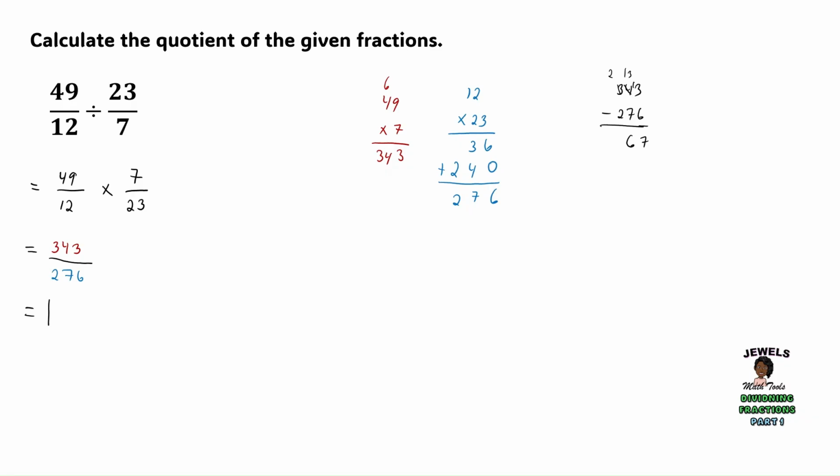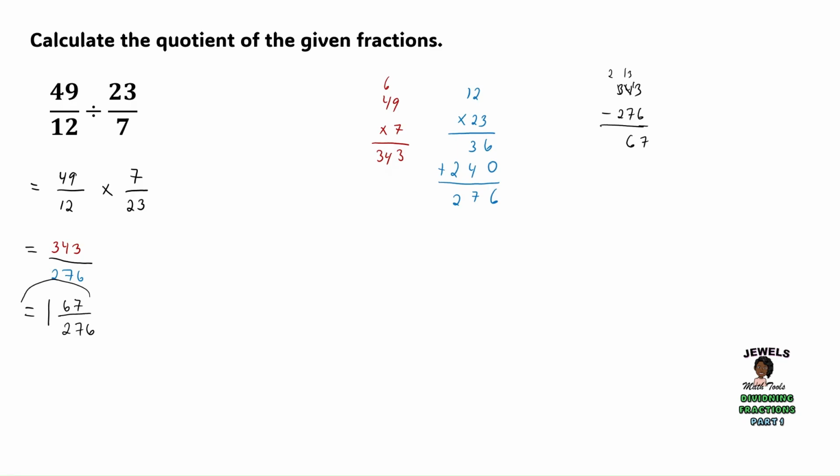So I know that after 276 was subtracted from 343, that means in my numerator, I would have had 67, and in the denominator, I would have had my denominator stay the same, which is 276. And again, 67 and 276 do not have any common factors, so your fraction is in its simplest form.